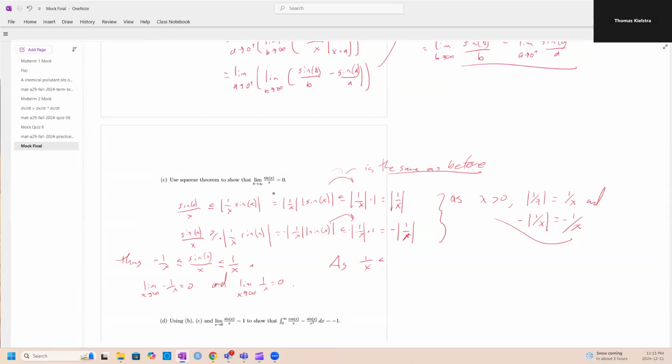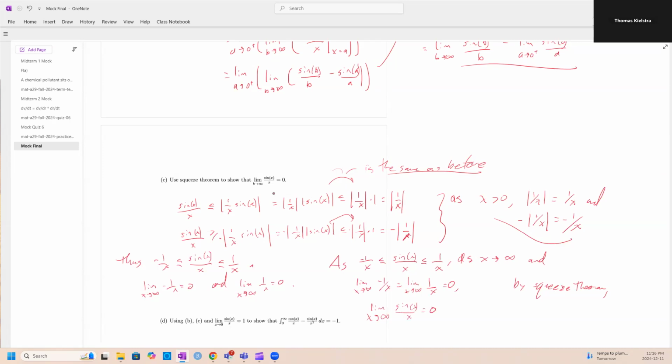As minus 1 over x is less than or equal to sine x over x, which is less than or equal to 1 over x for all x as x approaches infinity, and the limit as x approaches infinity of minus 1 over x equals the limit as x approaches infinity of 1 over x, which equals 0, then by squeeze theorem the limit as x approaches infinity of sine x over x equals 0.